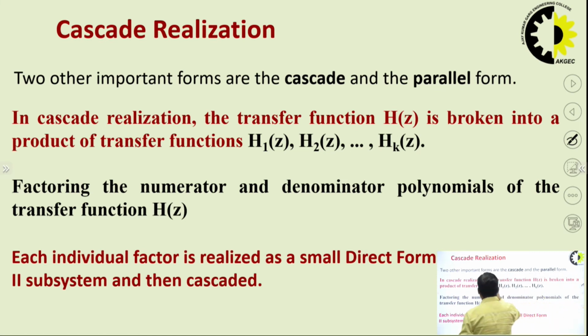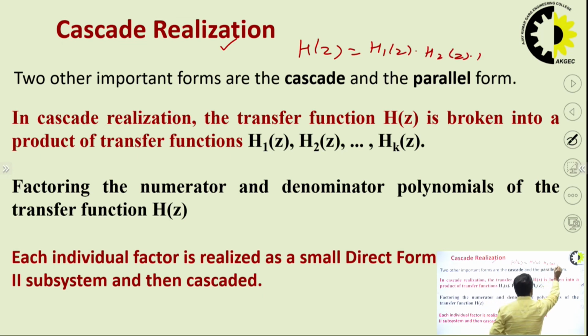Next is cascade realization. Two other important forms are cascade and parallel. Ladder form will also be there, but I will tell you about that in another lecture. In cascade realization, our transfer function will be split into a product of transfer functions. So H(z) is equal to H1(z) times H2(z) times H3(z) and so on.